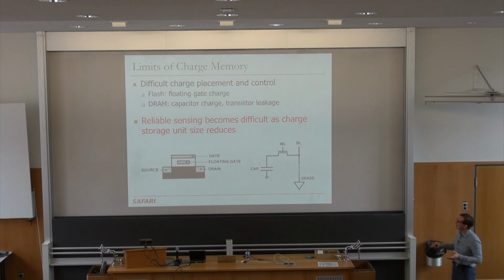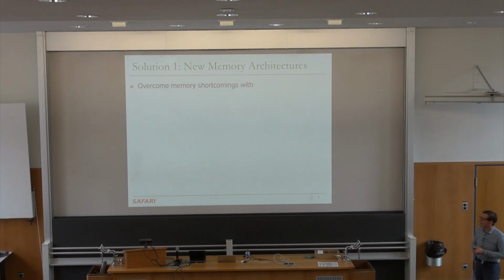And also, reliable sensing becomes difficult as charge storage unit size reduces. When we reduce the size of this capacitor and this floating gate, it becomes much more difficult to sense the charge. As a result, people have been looking at alternative technologies for a long time. And we're going to talk about some of those alternative technologies.